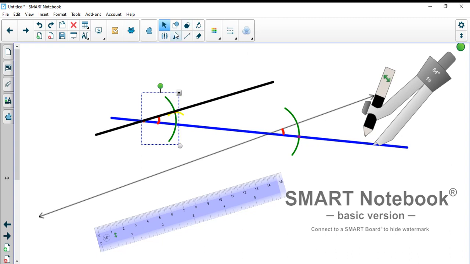Then we measured the distance between the arc that we just constructed and the line that we wanted to replicate, and then repeated that measurement over here with an arc. Now we have two intersection points, two points in order to make a line. So the original point, and then this intersection that we just made.